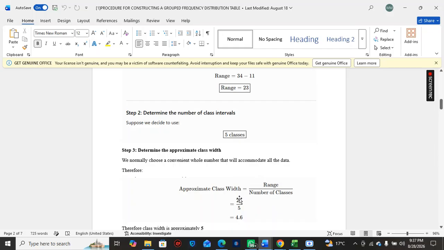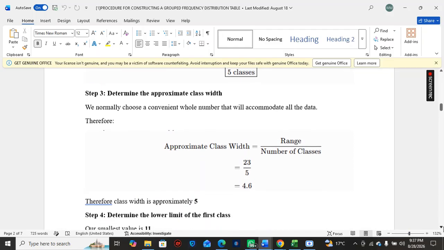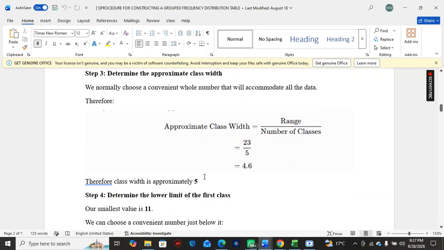Range is 23, number of classes 5, therefore the class width is 4.6. Now, we can't use 4.6, so we'll round up to 5. Our class width is 5.